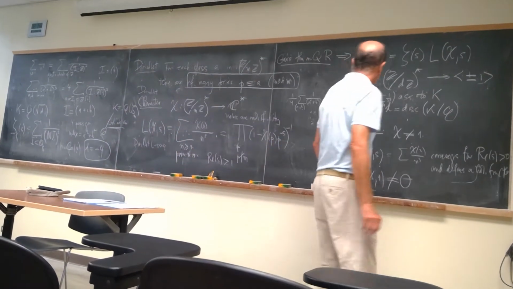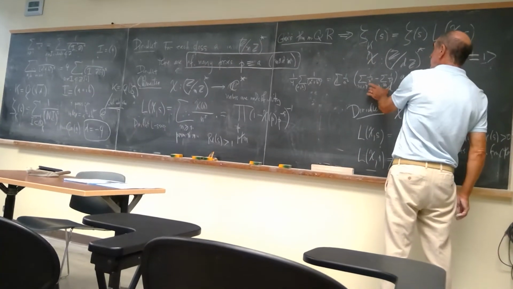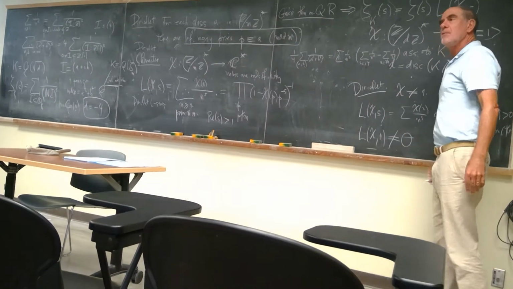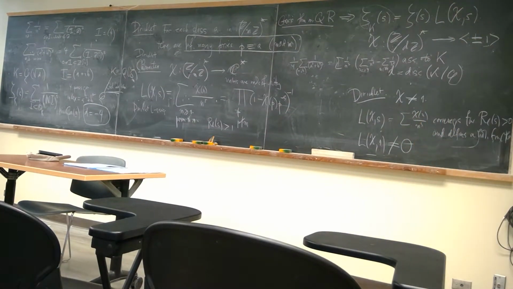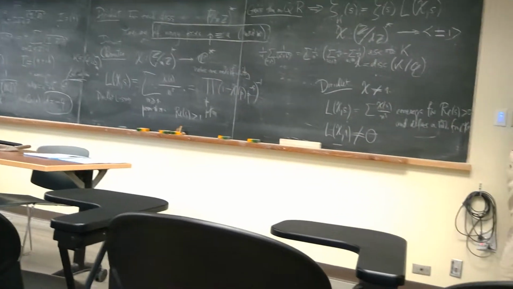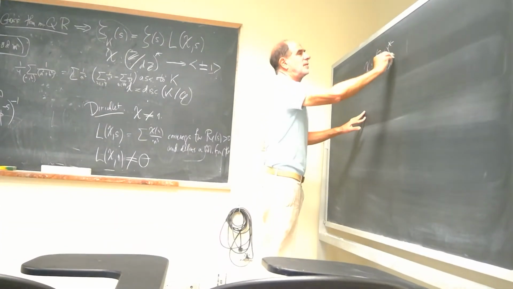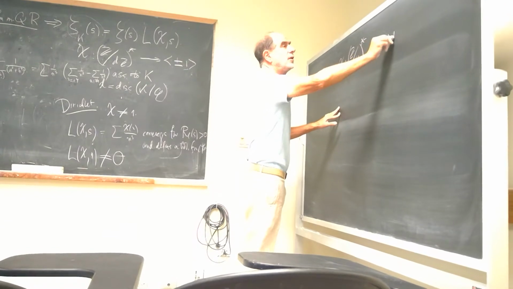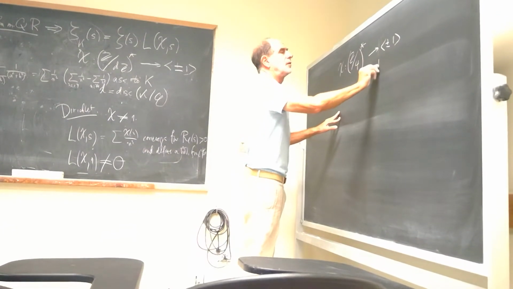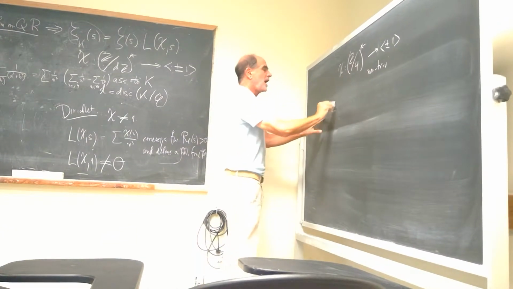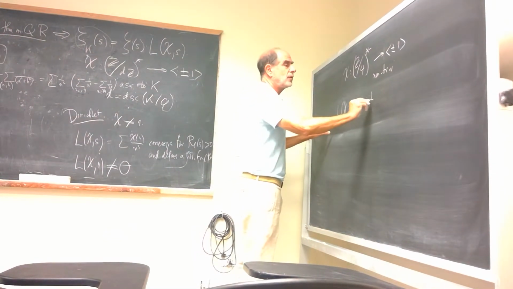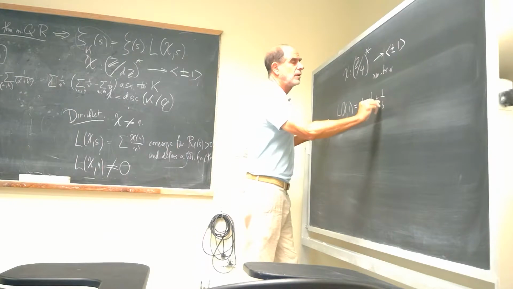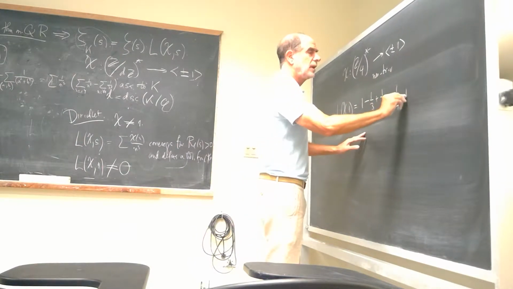how cool this is. Remember I said this has a value at s equal 1? What is the value of that at s equal 1? So let's take chi of Z mod 4 star to plus or minus 1, the non-trivial character. What is L of chi at 1? Well, L of chi at 1 is 1 minus a third plus a fifth minus a seventh plus a ninth, right?